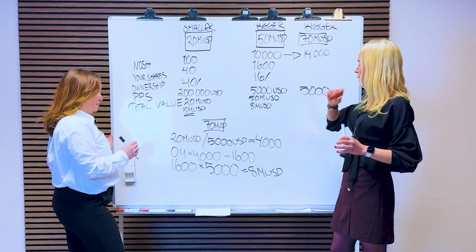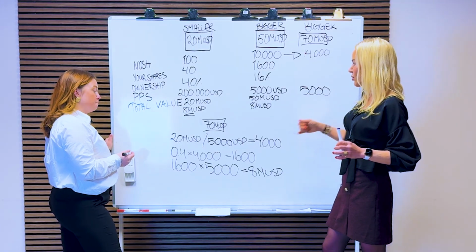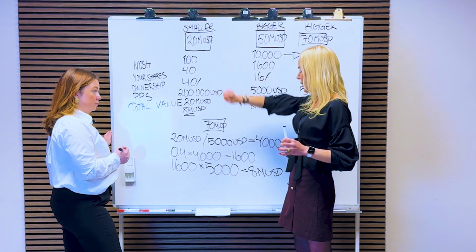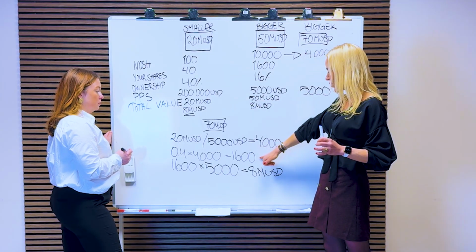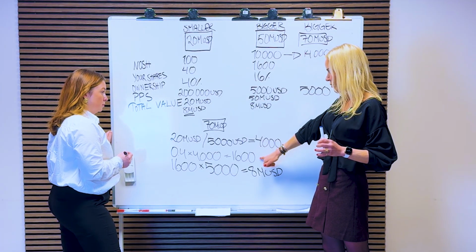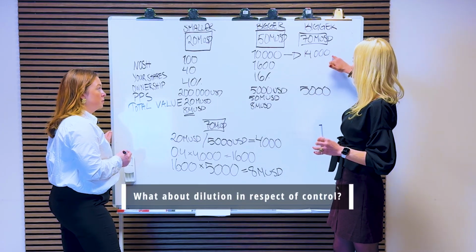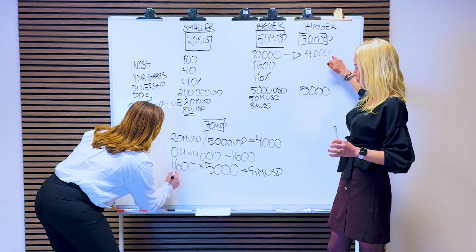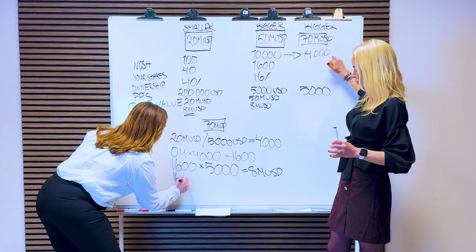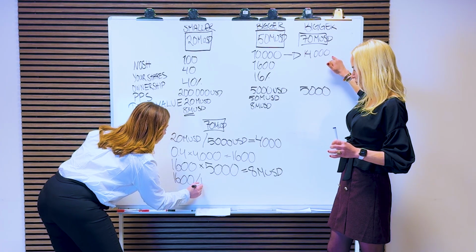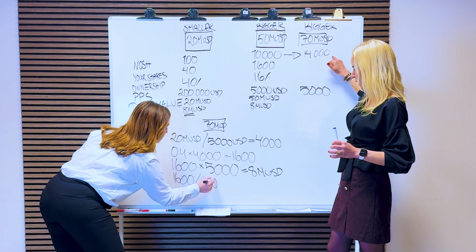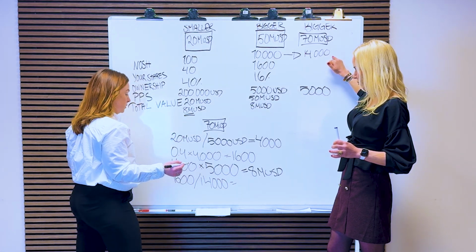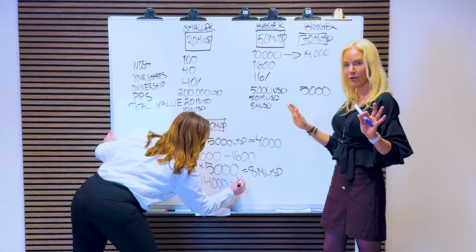And then we want to know ownership-wise. Because you owned 4% of the small company, but how about now? Then we take the shares that you own in the company and divide it by the total number of new shares. So my shares is 1,600, divided by 14,000, which is 11.6%.